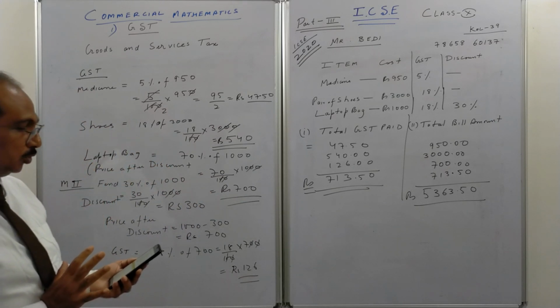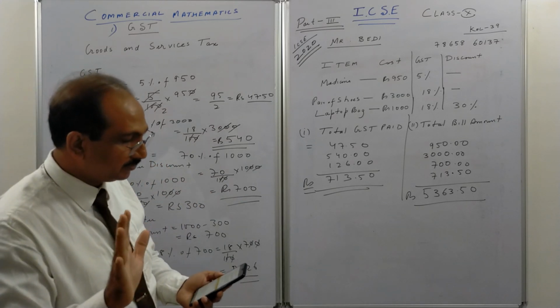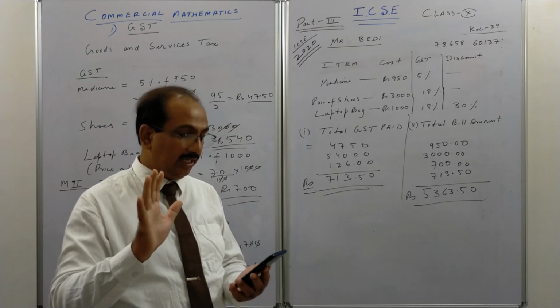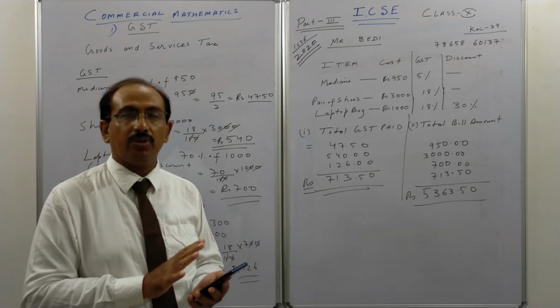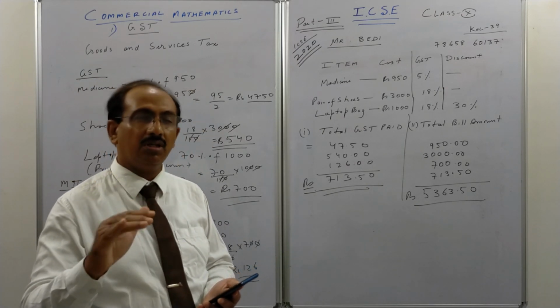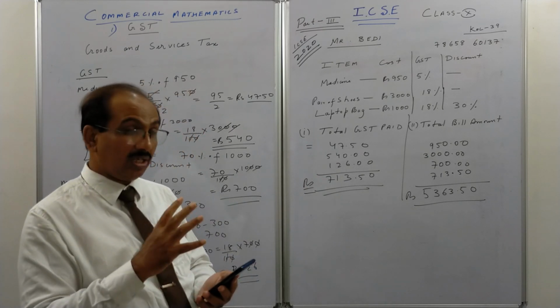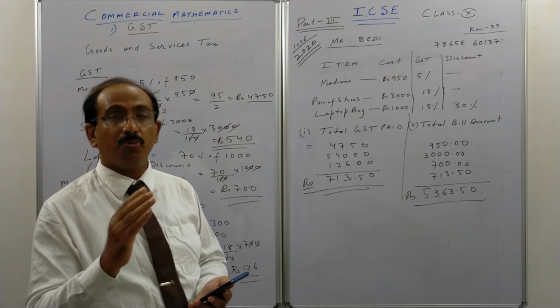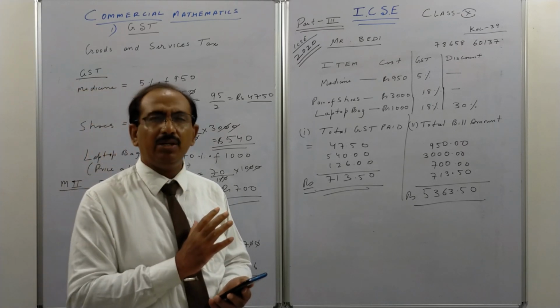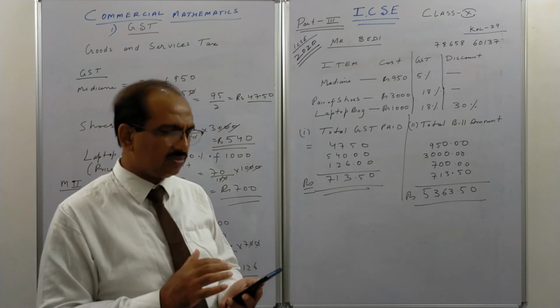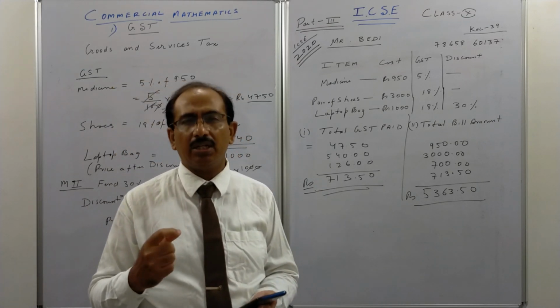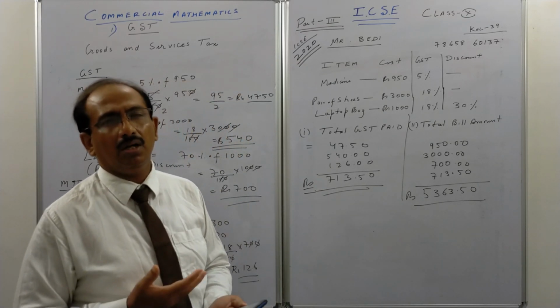First, a very important thing: the concept of finding GST. You will get this if you go to the official website of the council. You will get previous year papers, specimen papers, and this analysis of pupils' performance, which is very important for teacher as well as student. Previously we used to get a book, now it comes on the net.